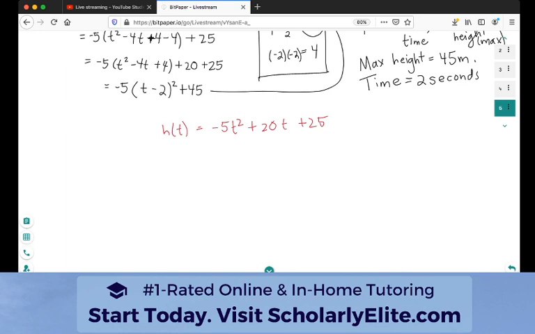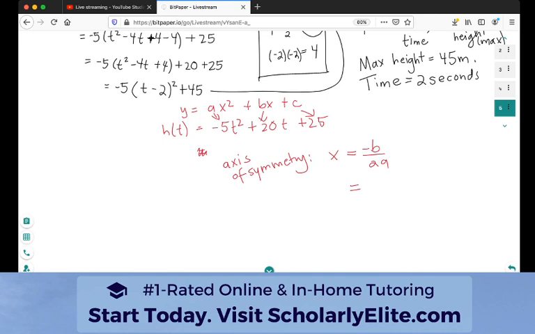So there is a formula for the axis of symmetry, where the x value is equal to negative b divided by 2 times a. So if we know that this is in the format y equals ax squared plus bx plus c, this is a, this is b, this is c, I can actually take those numbers and use them to my advantage.